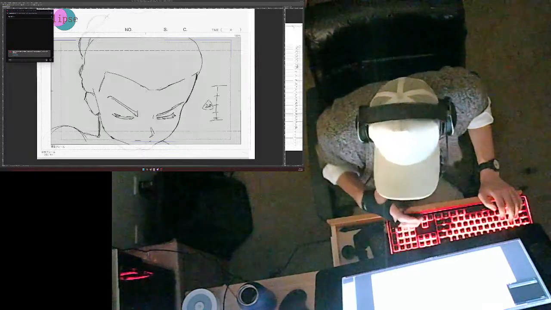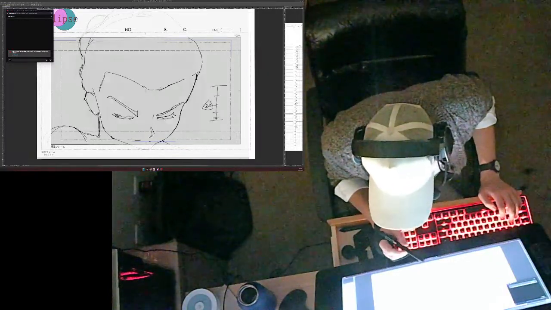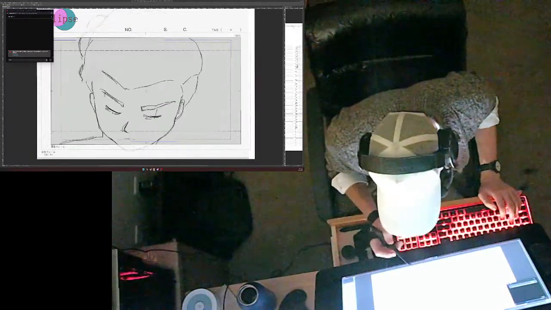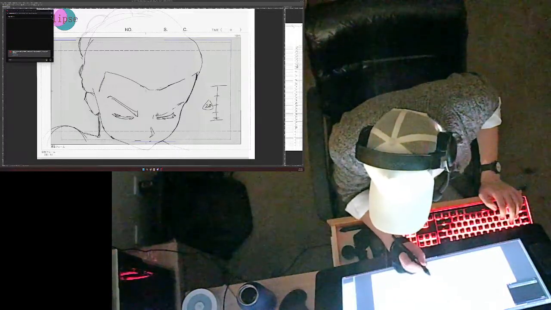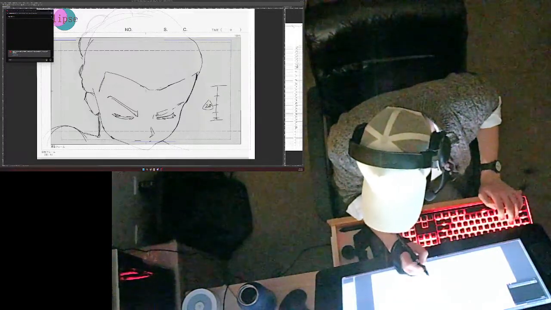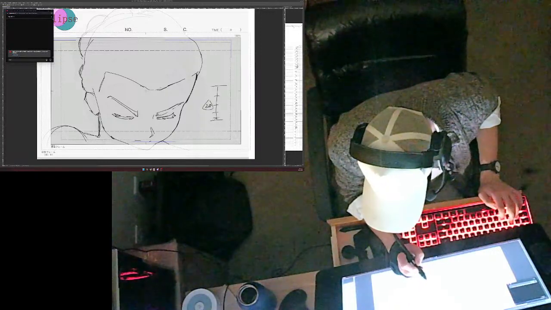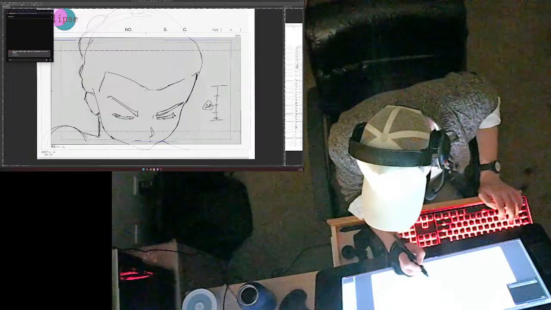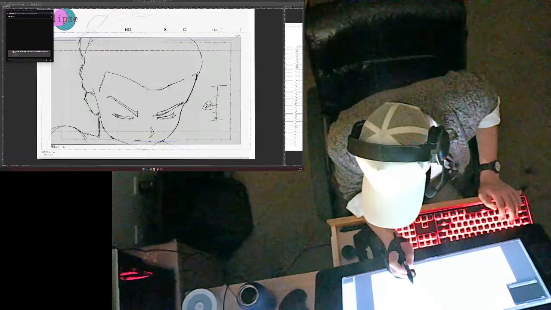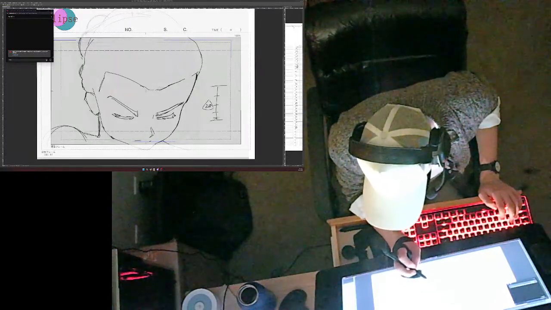I think it's really mainly her eyebrows, because in this drawing she has really thin eyebrows. So see if it helps to thicken that up. It helps.